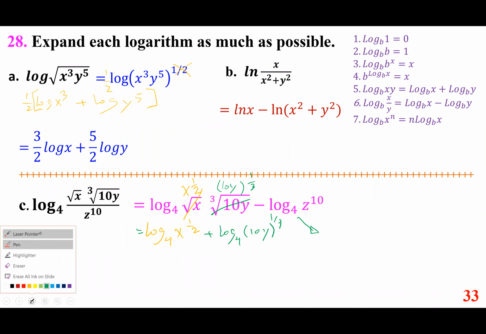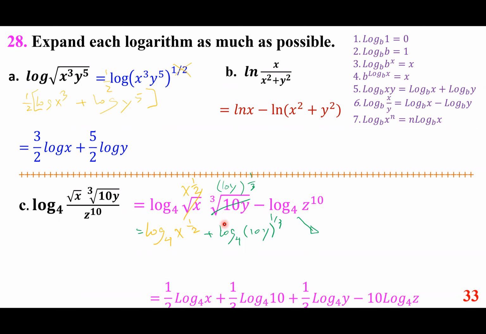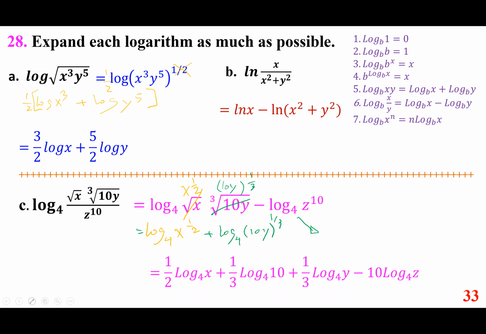And so what happens is that 1/2 sits in front, 1/3 sits in front, and minus 10 sits in front. And this one we can cut into two pieces. This piece, everybody, it's log of 10 plus log of y, and the 1/3 sits in front. So this is what we end up with.